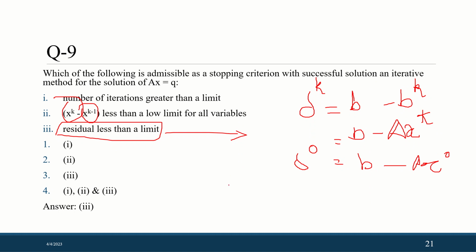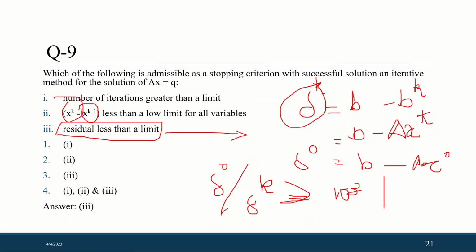So what we want is for delta k to be decreasing. Therefore delta naught by delta k should be greater than 10 power 3 or 10 power 4. In this range we want it to be happening.